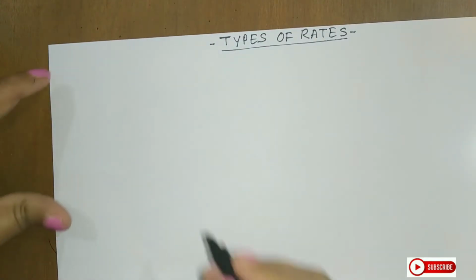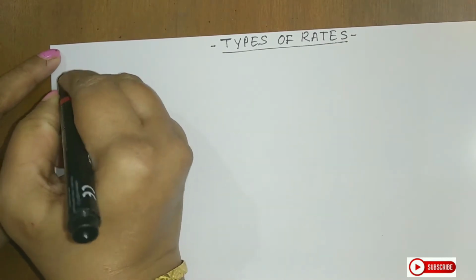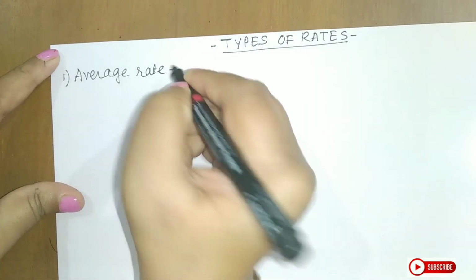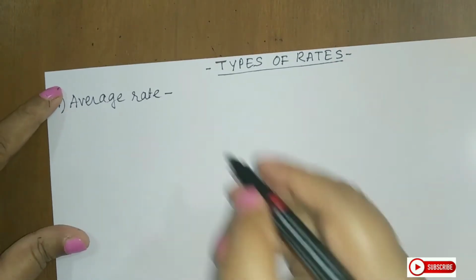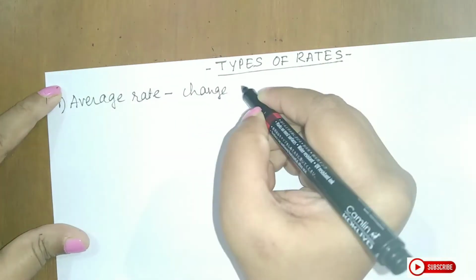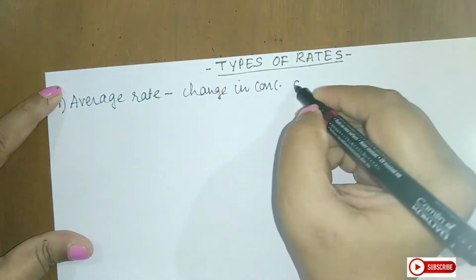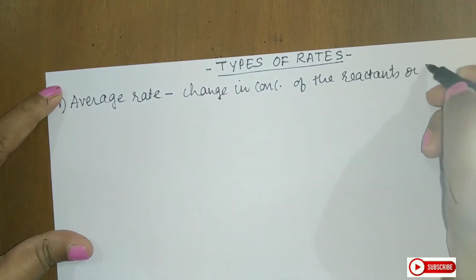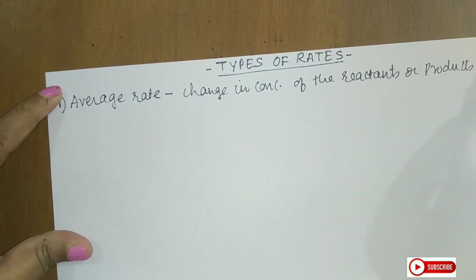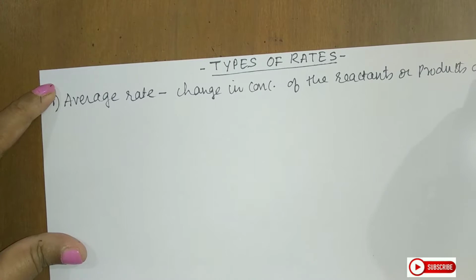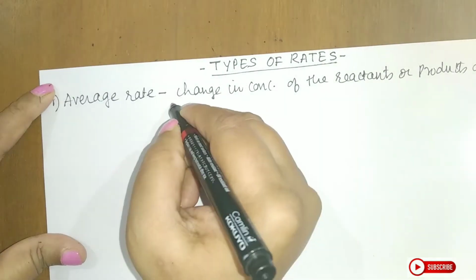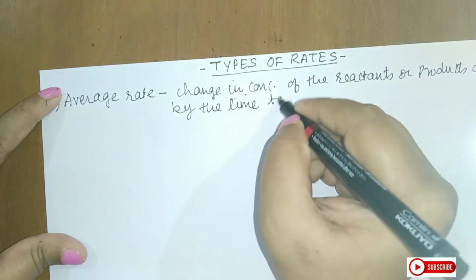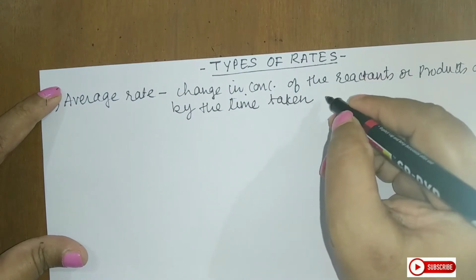So let us study both the rates one by one. Let us go for the first one, that is average rate. Now what is this average rate? It is the change in the concentration of the reactants or products with respect to time, or divided by the time taken for the change.